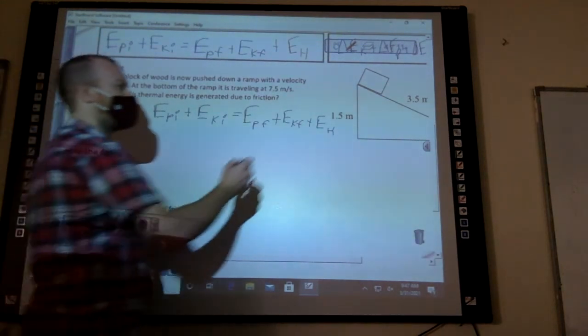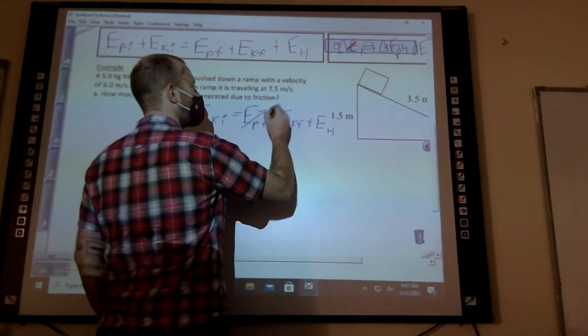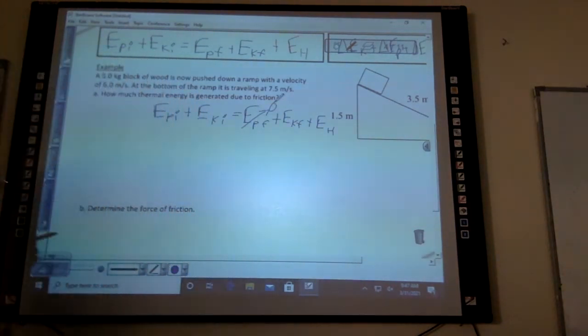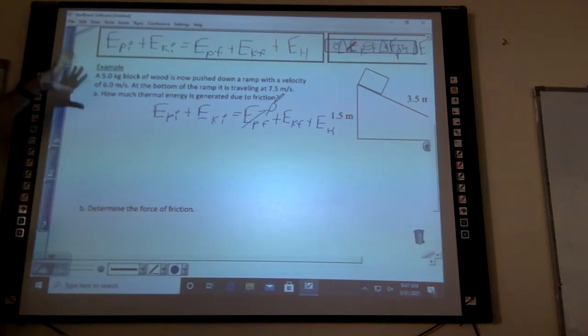EPF, yeah, we can set our 0 point at the bottom. Did we start at rest? No, so I cannot just cancel that one out. And kinetic energy isn't relative, so I can't just say at the top it's 0 and it's relative to that. It won't work. So this is the only thing we can cancel out. The rest we need to solve for.